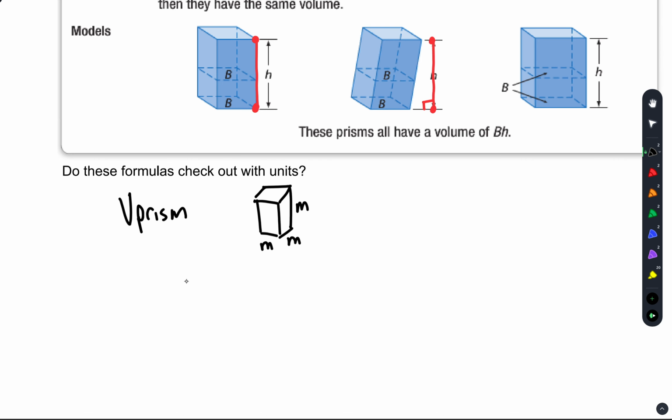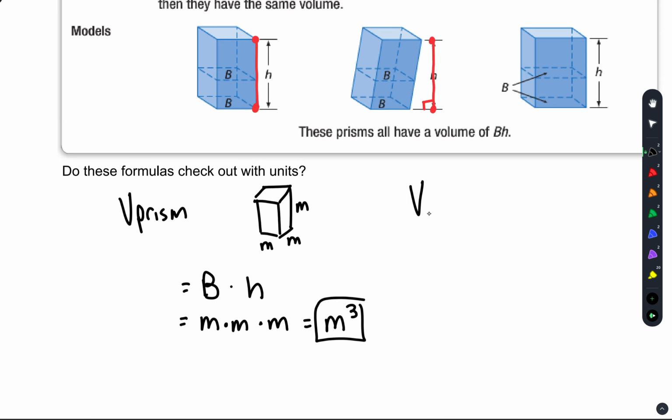Then the volume of a prism formula, big B times H, the base would be represented by meters times meters, and the height would also be represented by meters. And if we think about what that unit is, that means I'm looking at meters cubed, right? So that's prisms. All prisms are going to have that base times height for a volume, which gives us meters cubed. Same thing if I do volume of a cylinder.